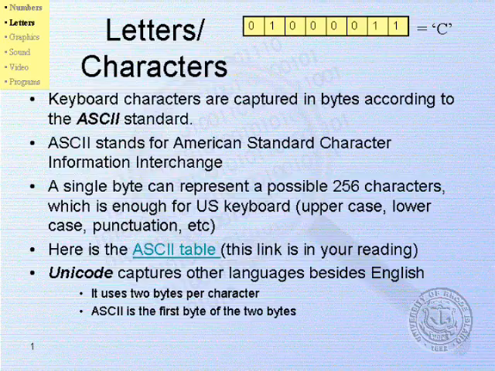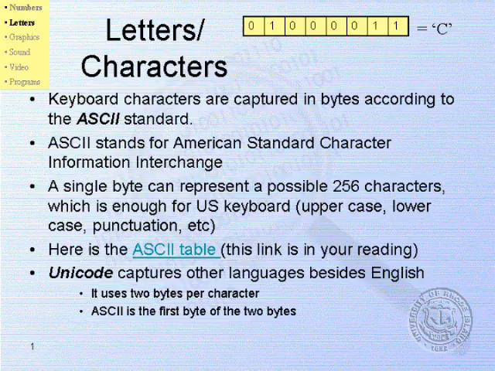With 256 possible representations in a byte, there is plenty of space to represent the characters on a U.S. keyboard. You have to represent all the lowercase, the uppercase, the digits, the punctuation marks.